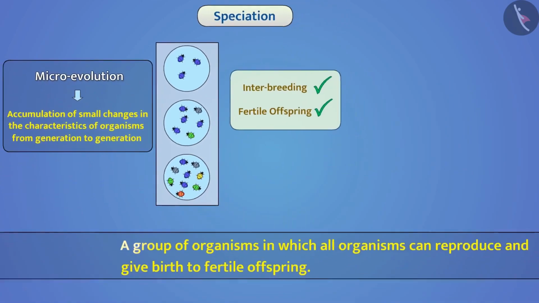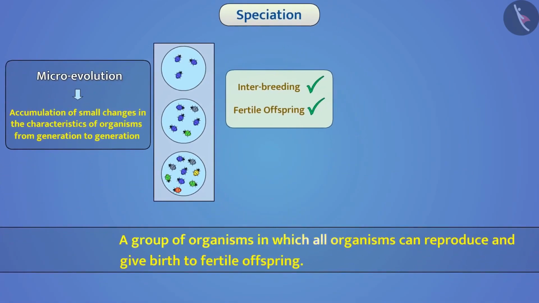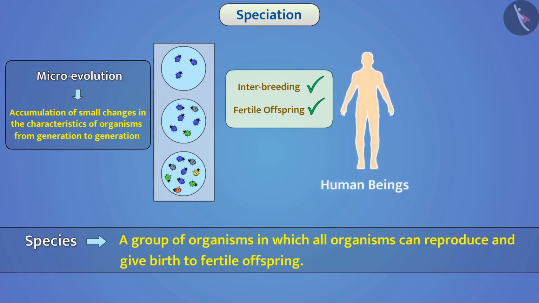A group of organisms in which all organisms can reproduce and give birth to fertile offspring is called a species. Human beings are a species known as Homo sapiens. You can gather data about some of the species and write their scientific names.